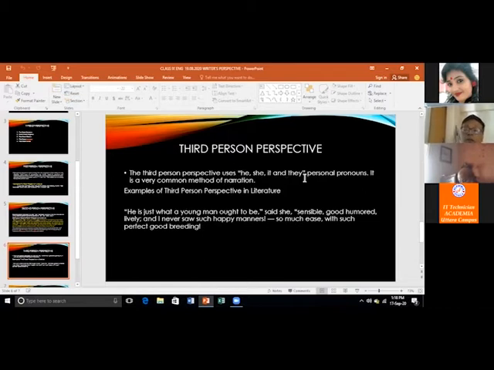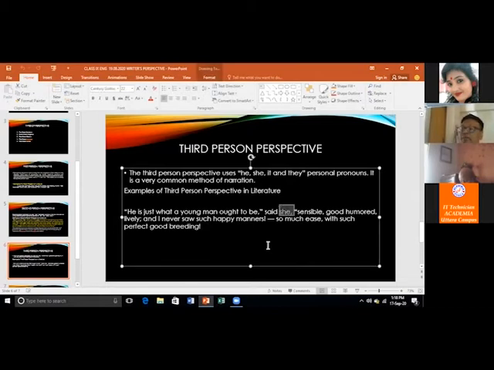It's a very common method of narration. Examples here we can see: he is just what a young man ought to be, said she. This she is third person perspective. And another: and I never saw such happy manners. If we think, oh, this I is used here, and that's why it can also be first person perspective, no, this is not.